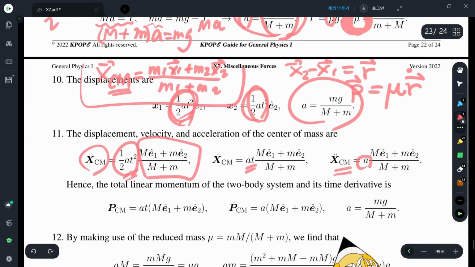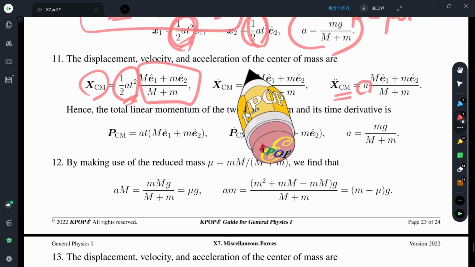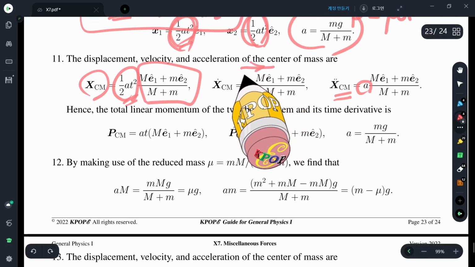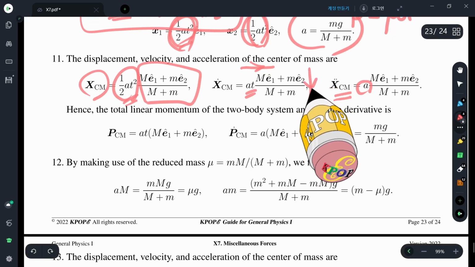Even though the magnitudes of the accelerations are the same, this x component of the center of mass translates to the right, and this guy translates downward.